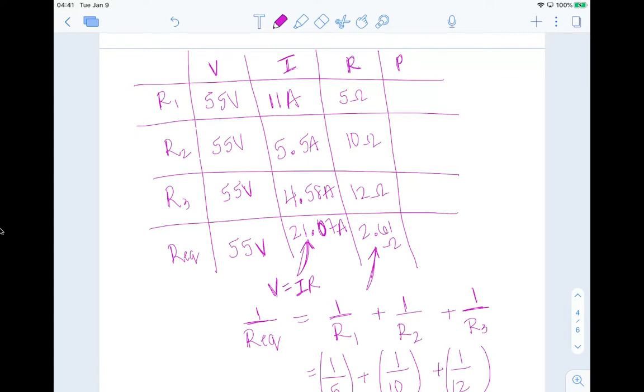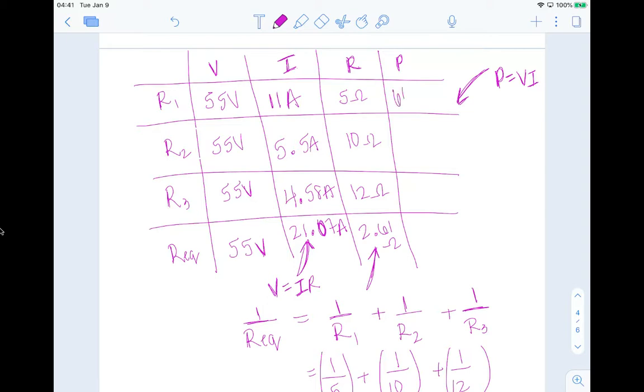Solving for our last column, we're going to use power, and I'm going to choose to use P equals VI or IV. You could use V squared over R, you could use I squared times R. I'm just going to keep it simple and solve for all of our powers here.